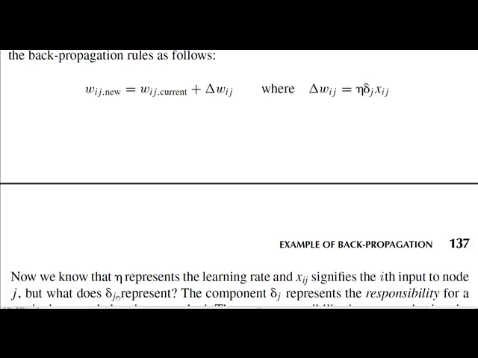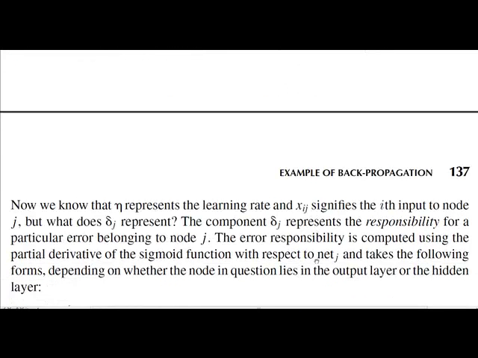Okay, and finally, what does delta j represent? And this is the part I don't understand for sure. If you want to read this in that Mitchell reference, go ahead, and you can explain it to our class or put it in the comments. The component delta sub j represents the responsibility for a particular error belonging to node j.